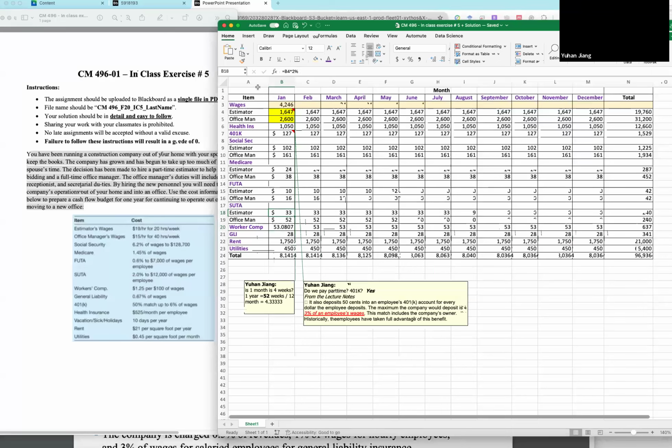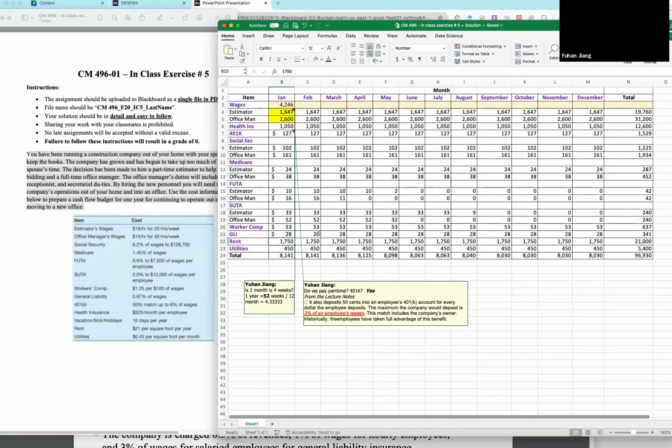Get 53. So again, I copy the format. General liability is the same thing. General liability is equal to the total wage times 0.77, 0.67 percentages.